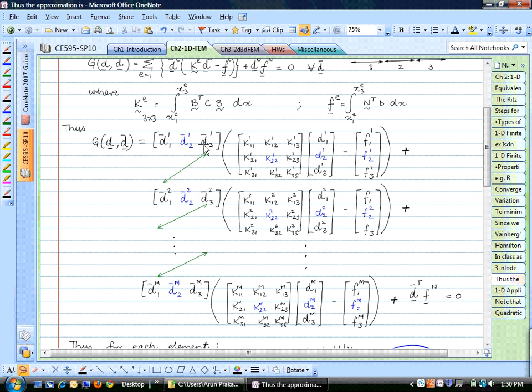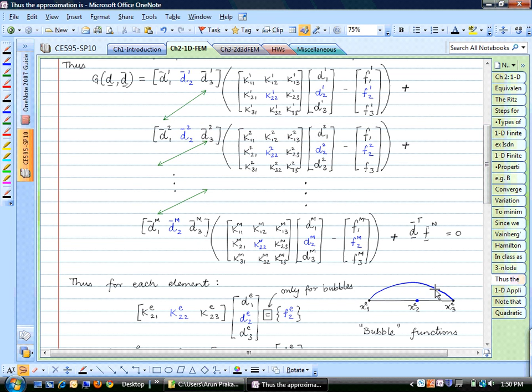We know that these degrees of freedom from the neighboring elements are the same. But how about this degree of freedom? This is the degree of freedom 2, which corresponds to the middle shape function, which is this shape function right here. And it's not connected to the rest of the mesh by anything.